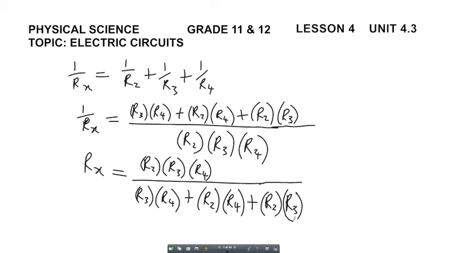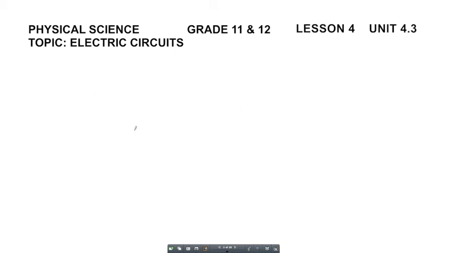So that Rx, remember what I indicated earlier? If you can still remember when I wrote RT, which equals R1 plus summation of those three resistors that were classified to be in parallel. It means here we are now going to use that unique Rx, the reciprocal of those three resistors in parallel.